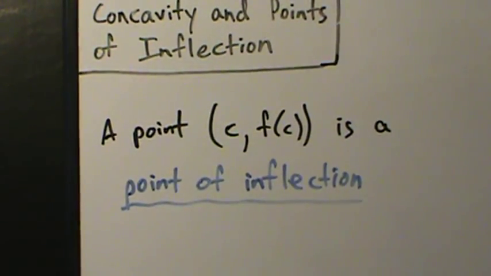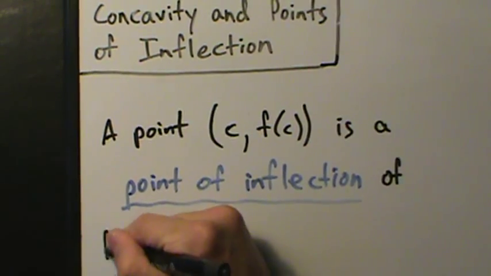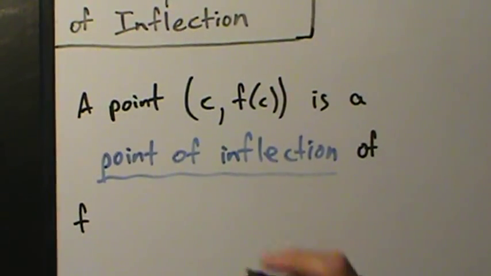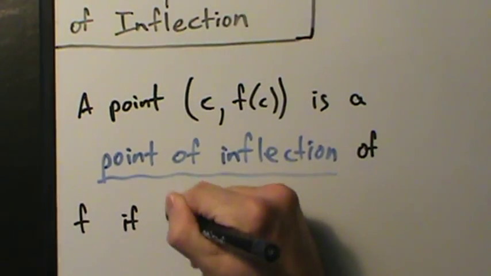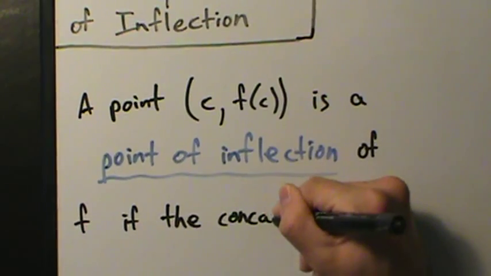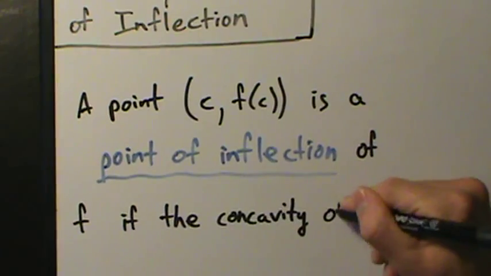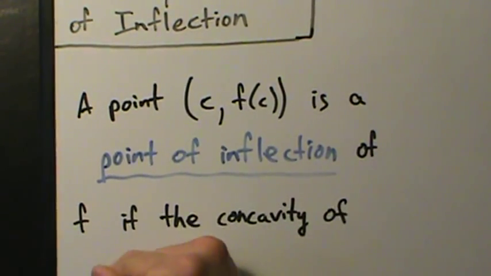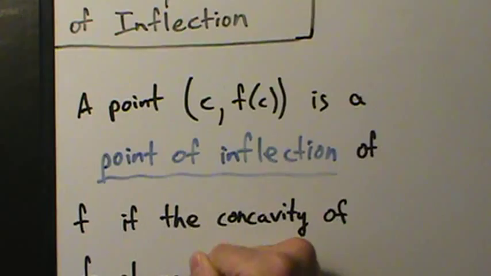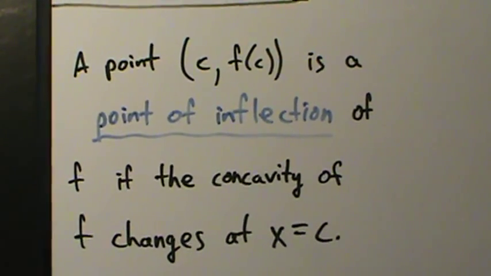So it's a point of inflection or just an inflection point, of f, or of the graph of f, if the concavity of f changes at x equals c. Okay, sorry about that.